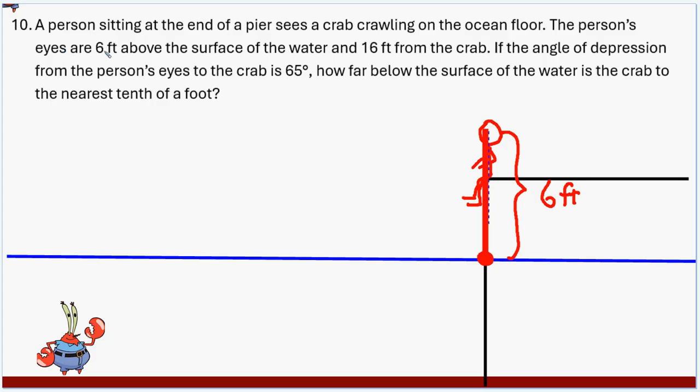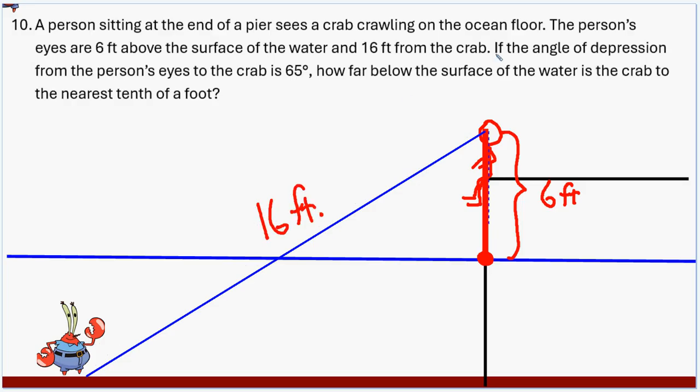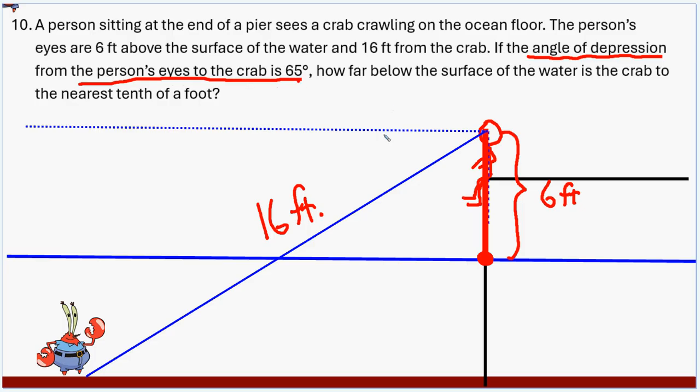The person's eyes are 6 feet above the surface of the water and 16 feet from the crab. So here we're going from the eyes again down to Mr. Krabs, and that distance is 16 feet. If the angle of depression, there's my blue dotted line for my horizontal line, from the person's eyes to the crab is 65 degrees.